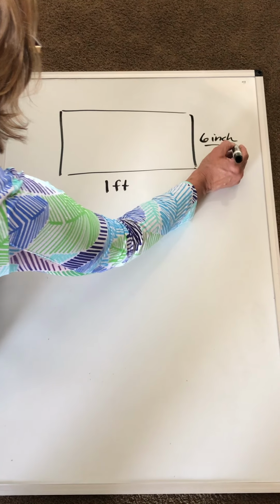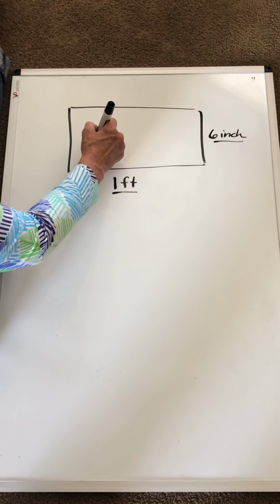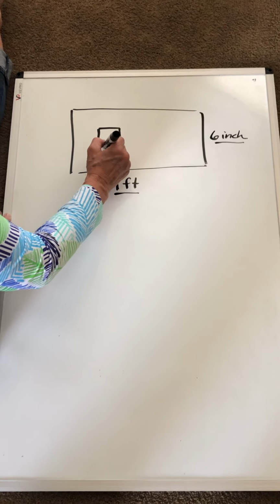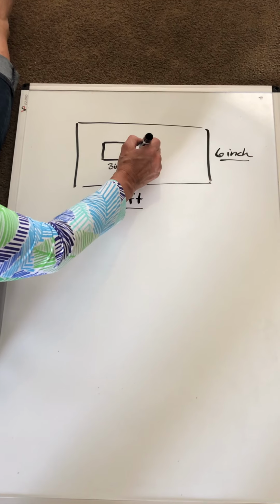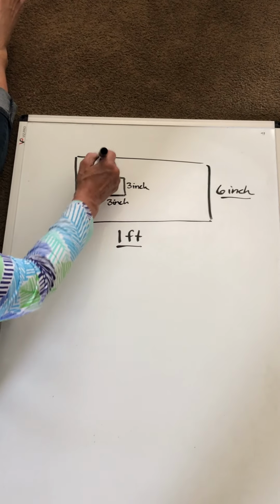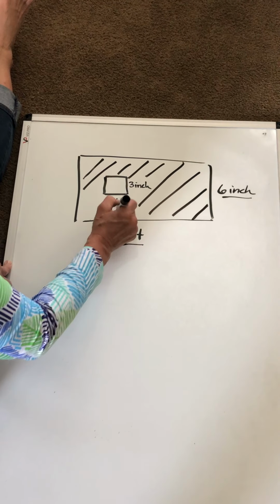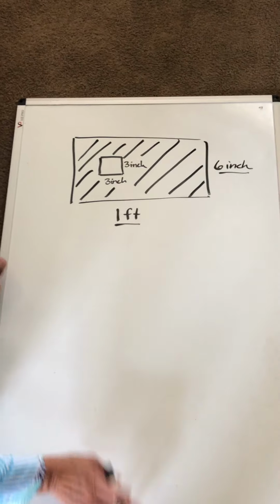Do you see the difference? Inches, feet. Then it has a square here in the middle that is 3 inches by 3 inches, because we know that a square has 4 congruent sides. This is the shaded area. So we want to find the area of that shaded area.